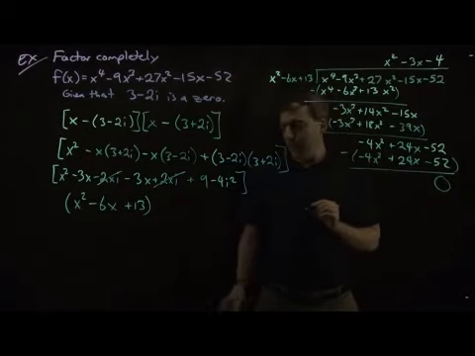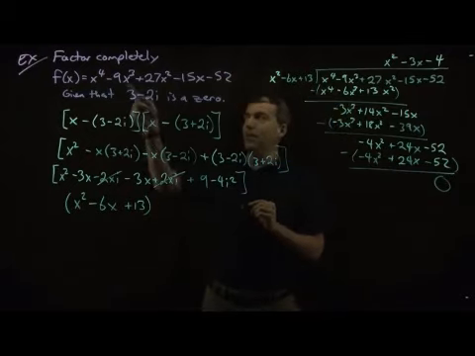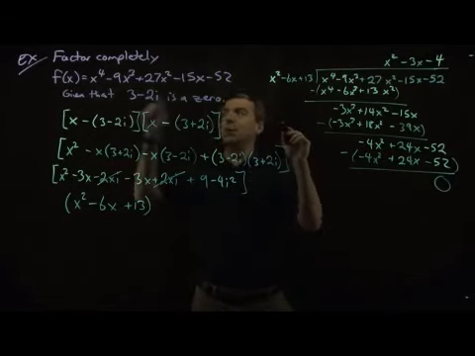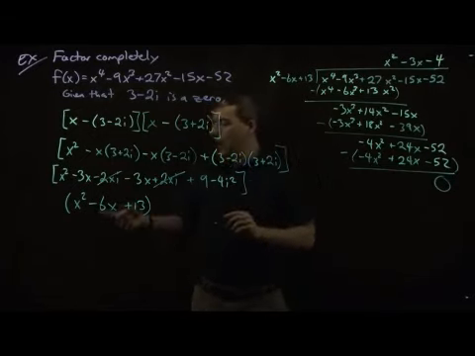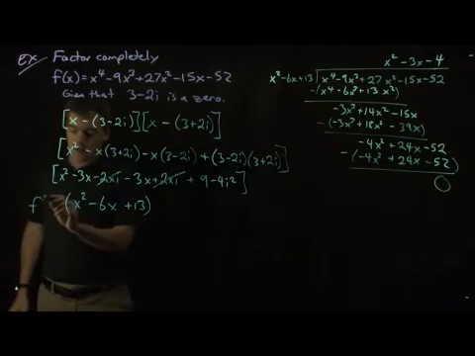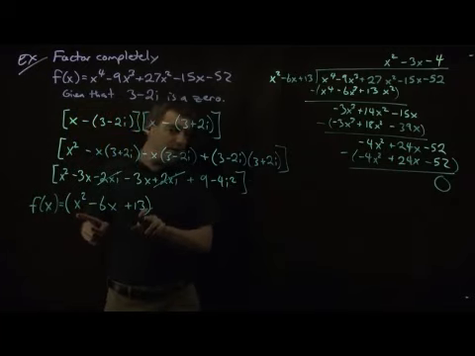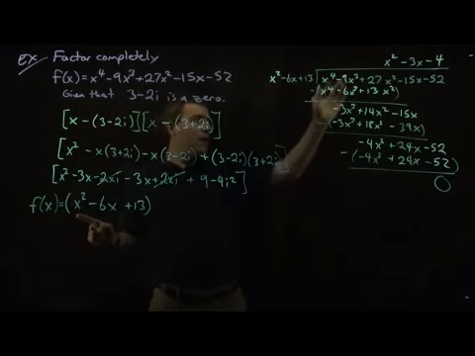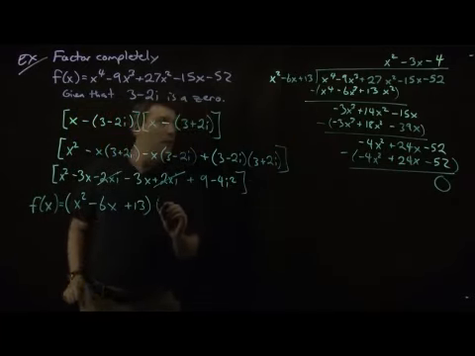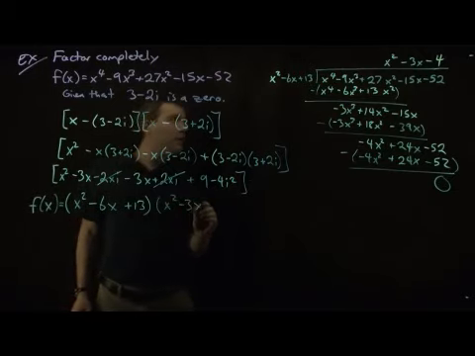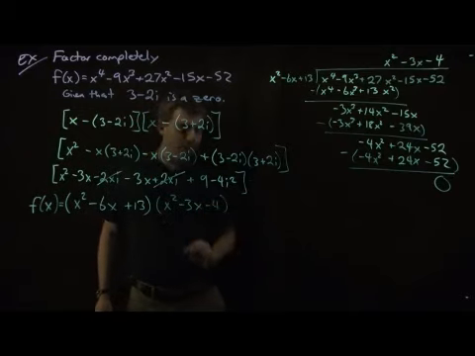All right, so we've verified that this is indeed a factor of our polynomial, and we now have a product that is this polynomial. So we have that f of x is going to be this, which comes from the two conjugate zeros, and then we have our quotient, x squared minus 3x minus 4.